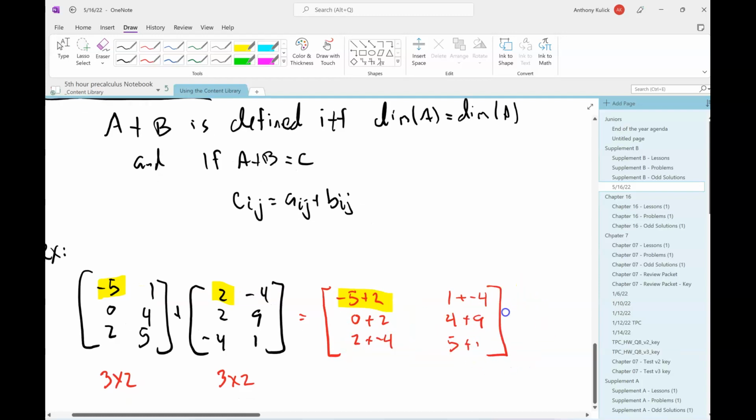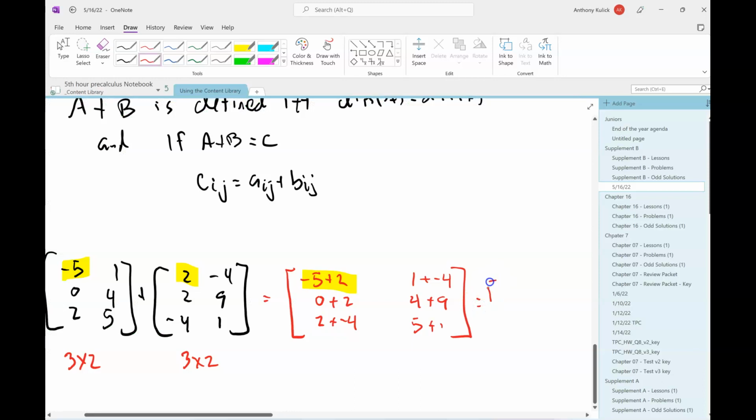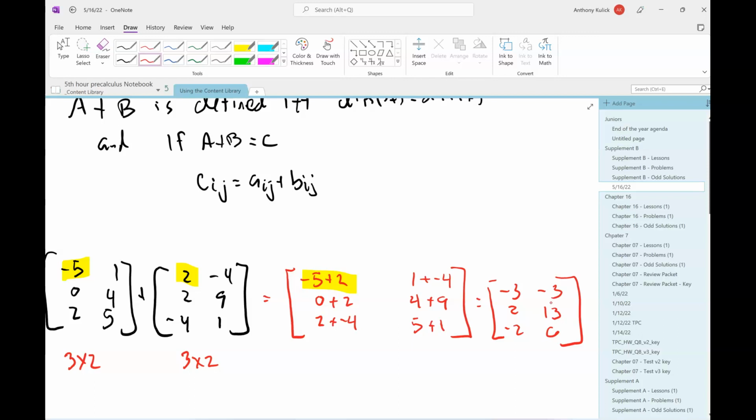I'm writing them out just because they're notes, right? And it's sometimes helpful to have a little bit more information there. Everybody feel okay there?